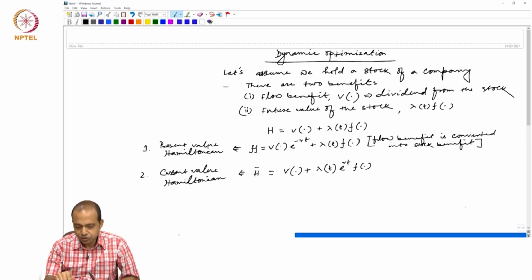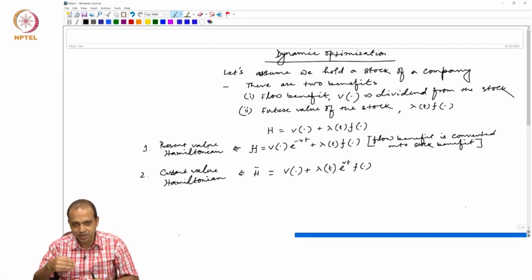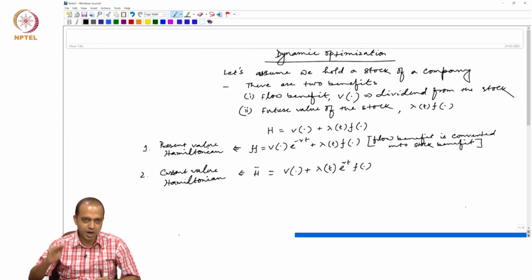Okay. So, this present value Hamiltonian is nothing but representing two types of benefits that we can actually get from a resource or from an asset. One is flow, another one is stock benefit, and here we have just made some modification to bring both the benefits into the same platform, that is all, either flow into stock or stock into flow. So, here it is flow into stock.